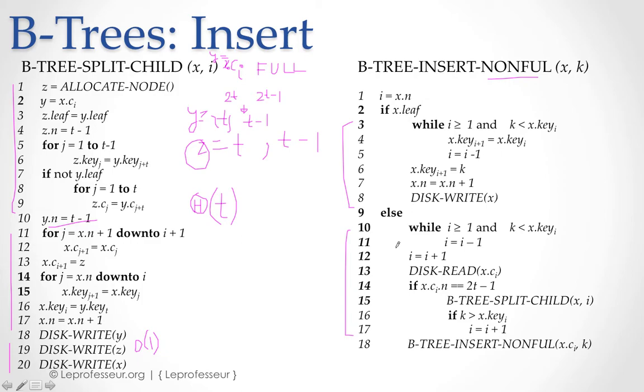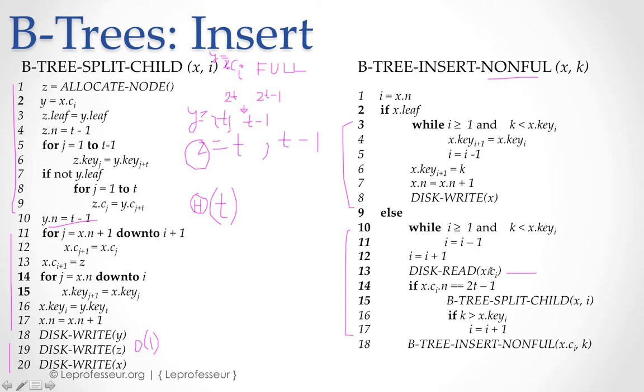But if it is not a leaf node, if it is an internal node, then we first determine which child of that internal node we want to insert into, and we read that child's information.